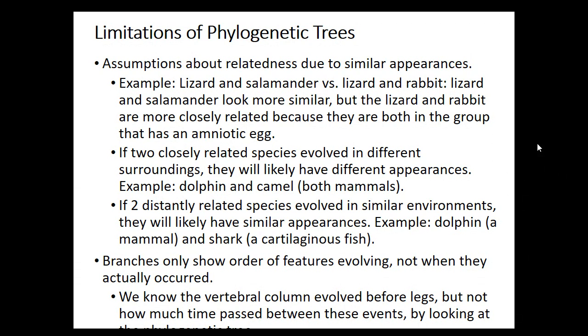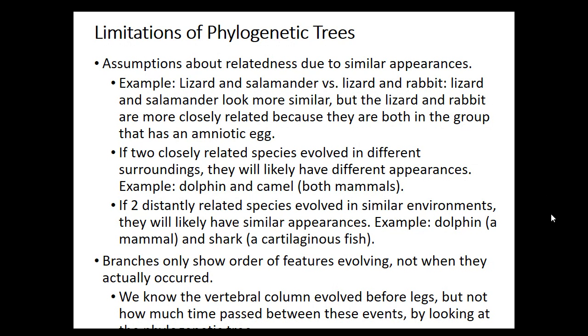If two closely related species evolved in different surroundings, they will likely have different appearances, because the environment is what drives evolution. It causes organisms to adapt certain ways. So two populations of a species in different environments could evolve differently and end up looking different, even though they're closely related.